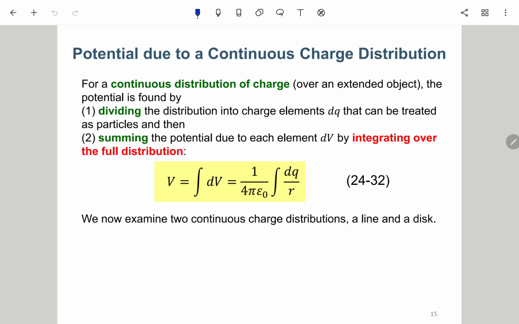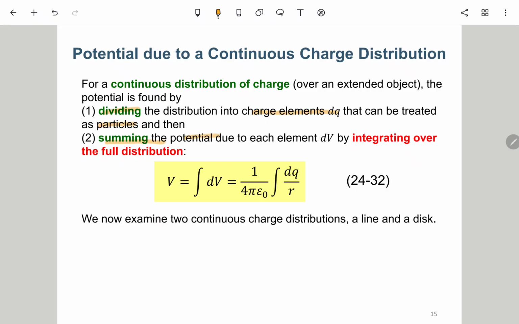So for continuous charge distribution, the potential is found by dividing the distribution into charge elements dq that can be treated as particles, just as what we did before, and then we add the potentials together.